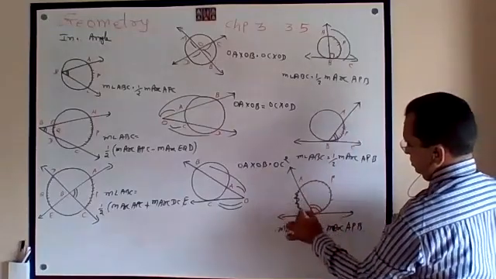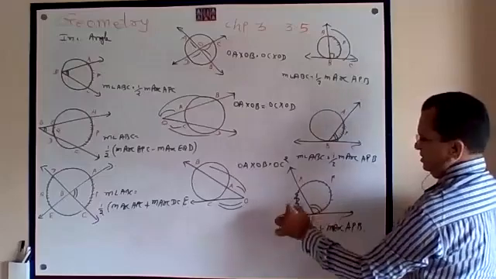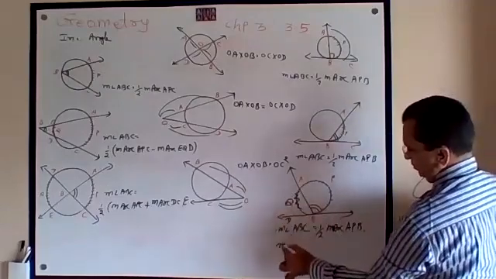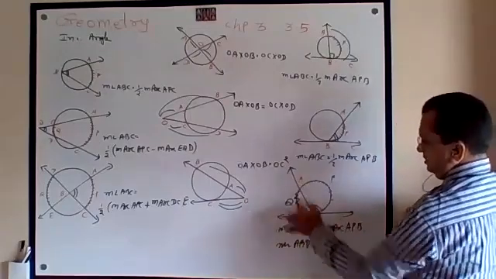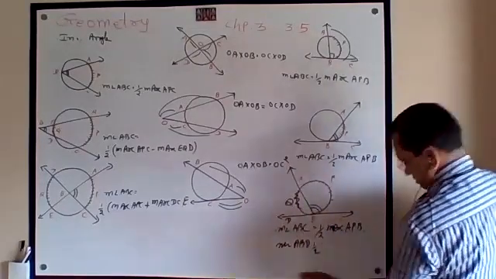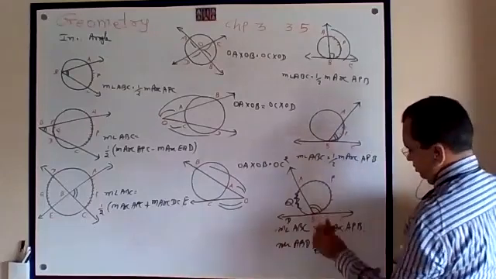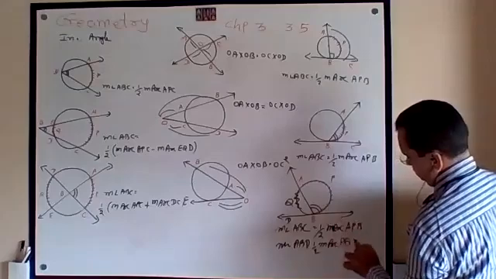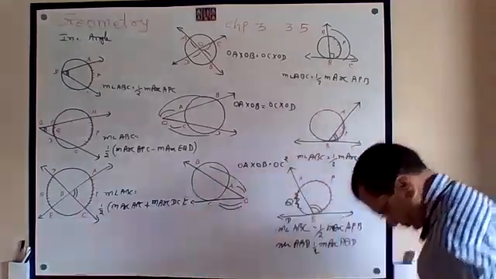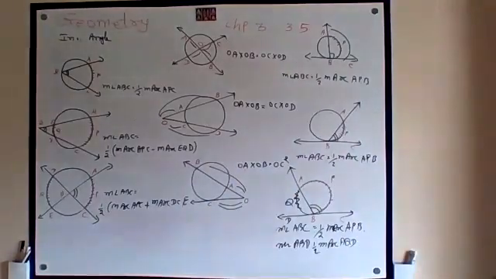Suppose you want this ABD, so that is half of ABD; this arc is inscribed, so AQB. Like that.